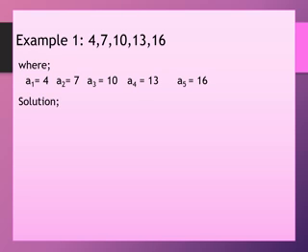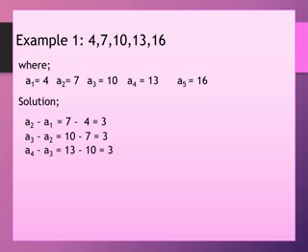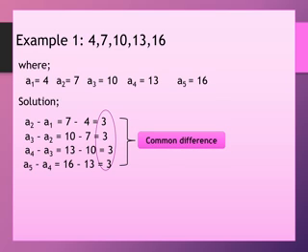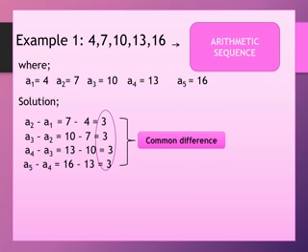Solution: subtract a sub 1 from a sub 2, a sub 2 from a sub 3, a sub 3 from a sub 4, and a sub 4 from a sub 5. You can see they have the same differences. This difference is called the common difference of the sequence. So 4, 7, 10, 13, 16 is an example of an arithmetic sequence.